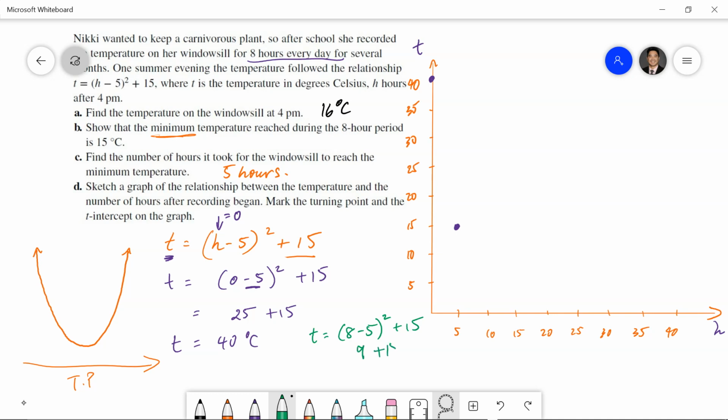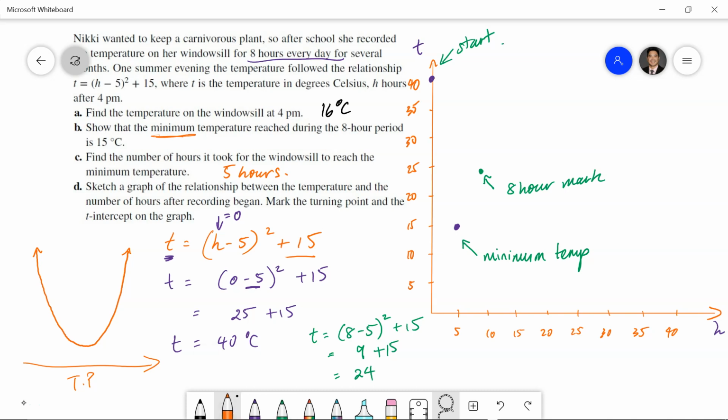So 9 plus 15 is equal to 24. So at the 8-hour mark, which is around here, we're looking at 24. So I'm just going to put it around there. Okay, so this is the 8-hour mark. This is the minimum temperature. And this is the start of the recording.